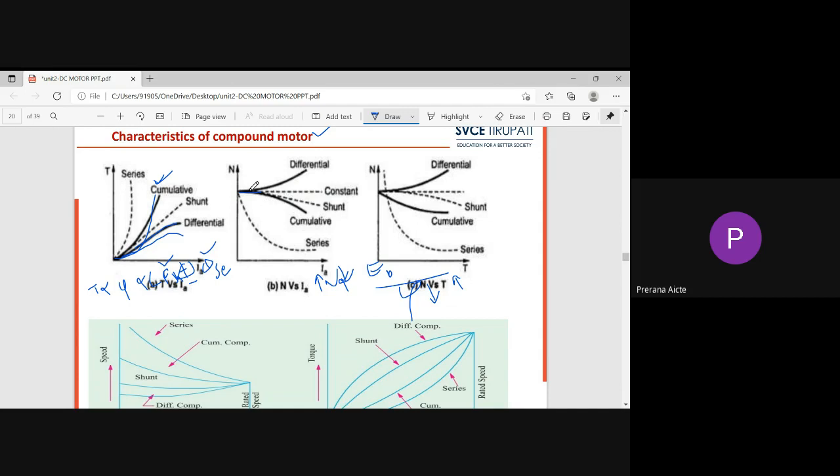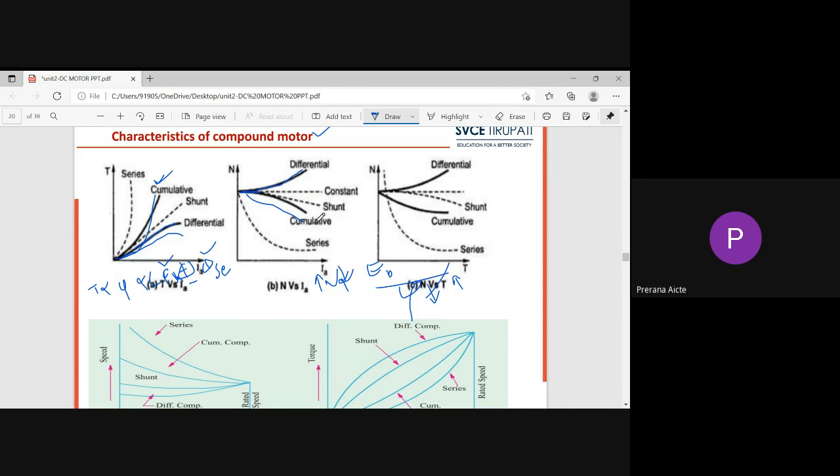This increased series field flux adds to the shunt field flux, and net flux increases. In a cumulative compound motor, the speed reduces. In a differential compound motor, the series field flux is opposite to the shunt field flux, net flux reduces, and then speed increases.